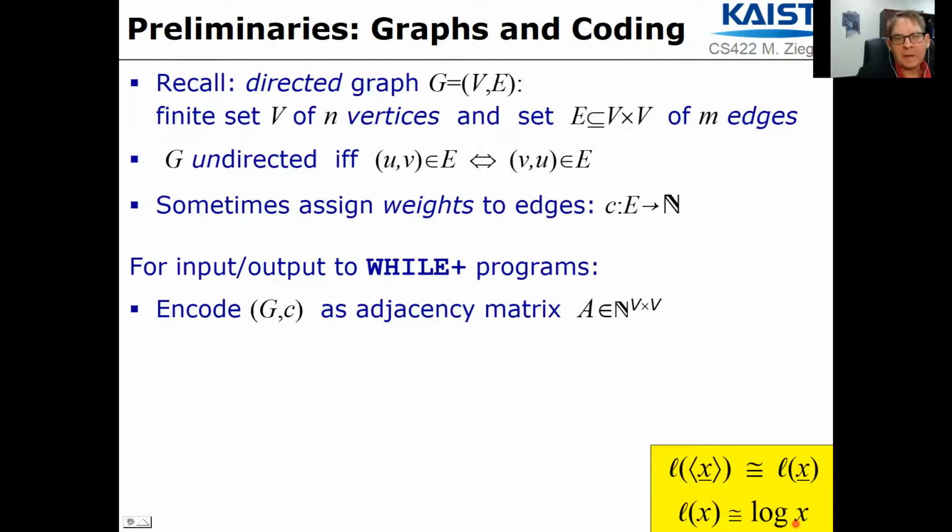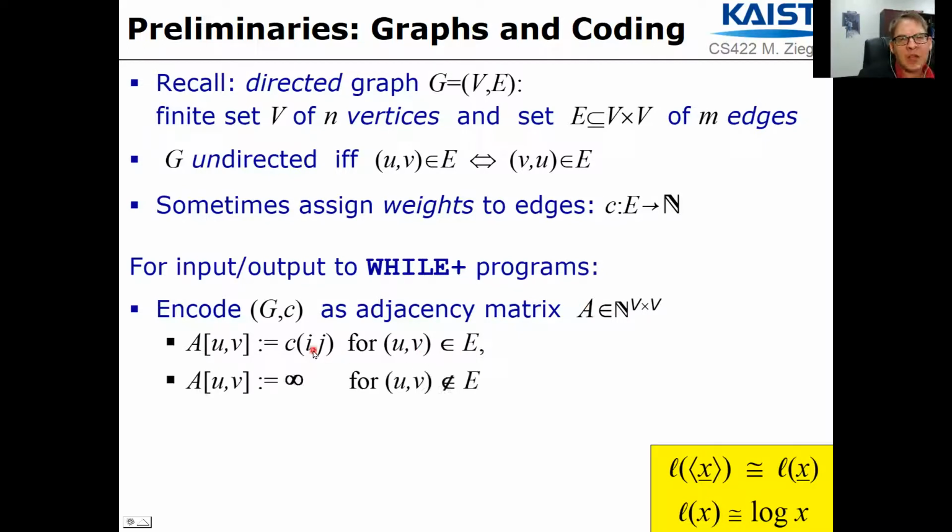But again, the binary length of this adjacency matrix encoded as a tuple of k times k integers, right? k times k, the size of the matrix. The total binary length is asymptotically the same as the number n of vertices up to a polynomial. And this adjacency matrix has as entries the non-negative integer weights of the graph that we want to encode, as you see here.